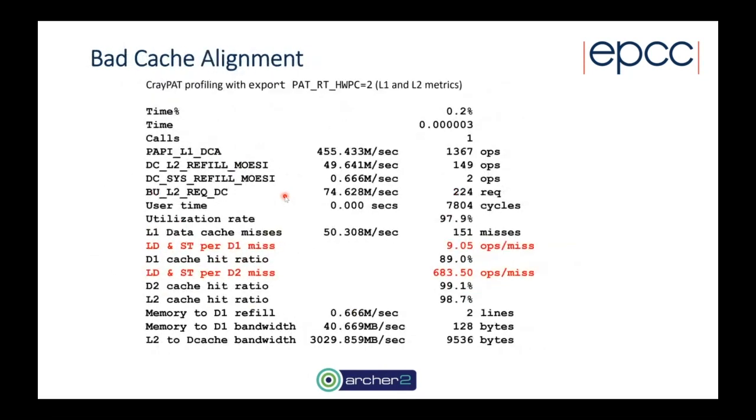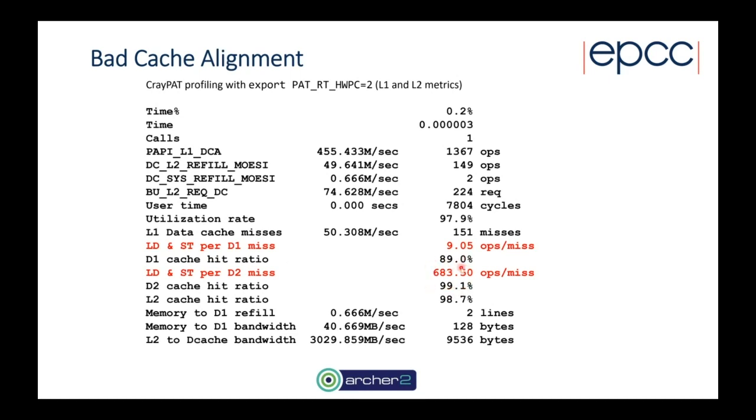And then, we had questions yesterday. What does good cache usage look like? What does bad cache usage look like in terms of hardware counter reports? So here's an example. We've got data cache hit ratio and miss ratio for our L1 cache and our L2 cache.